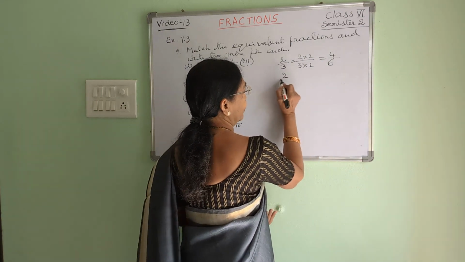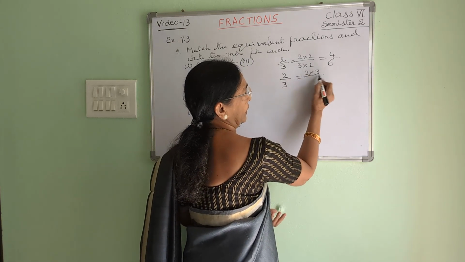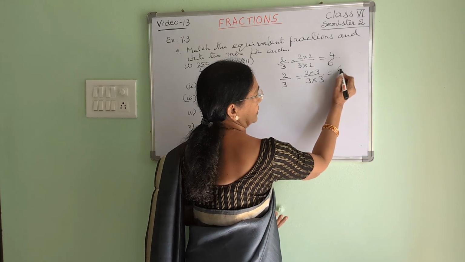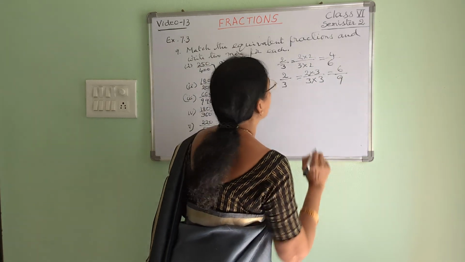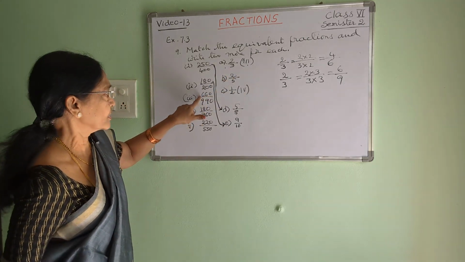Next, again multiply both the numerator and denominator by 3. 2 into 3 is 6, 3 into 3 is 9.